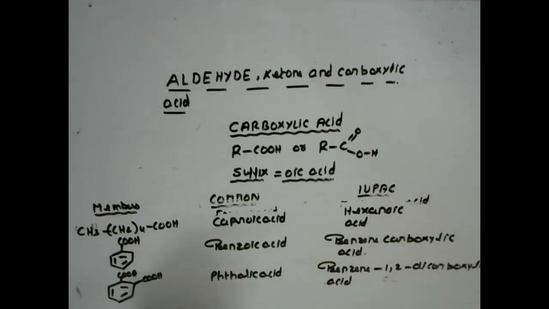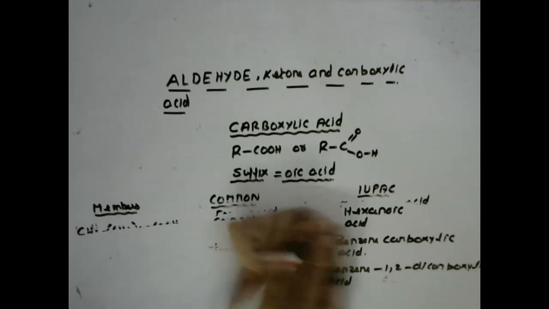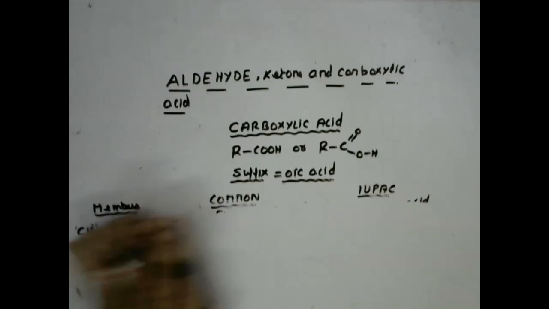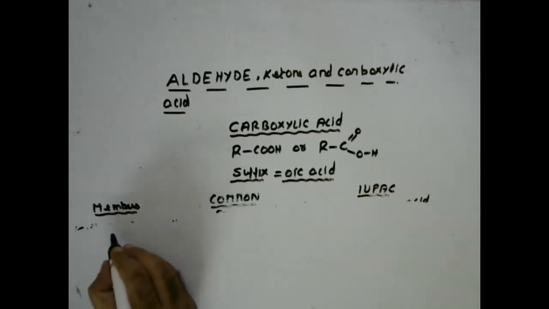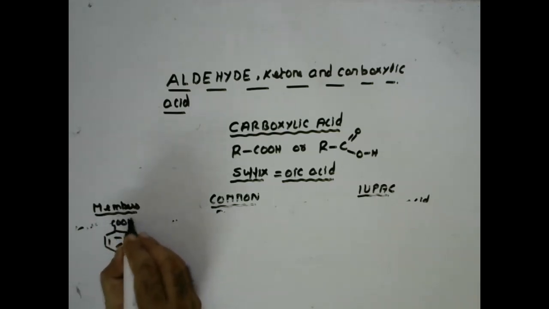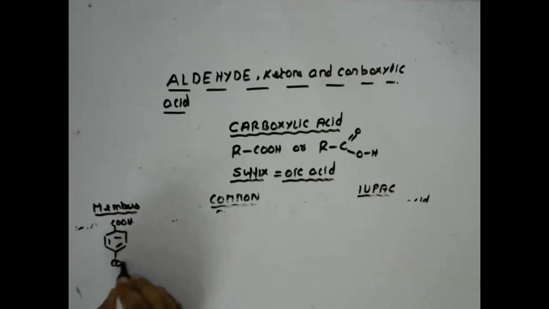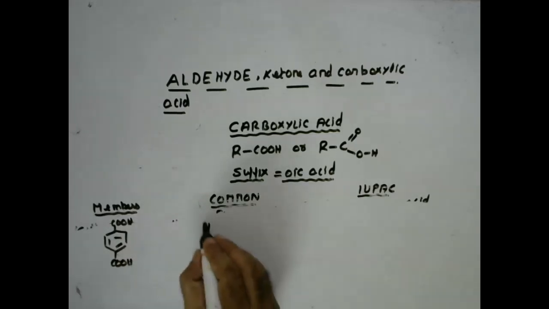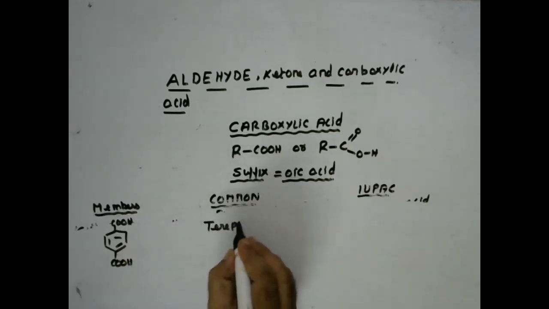We have got even the 1,4 variety. So we'll just see the 1,4 variety also. That is commonly called terephthalic acid. Like this one, COOH, COOH. The common name is called terephthalic acid.